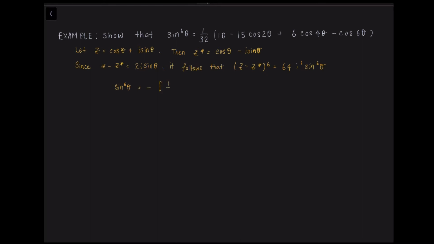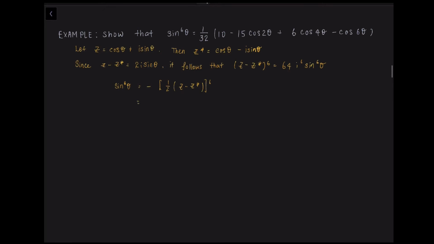And we shift the 64 i to the power 6 to the other side. So we have sine to the power 6 theta. And this is equivalent to negative of 1 over 64 times z minus z star to the power 6.